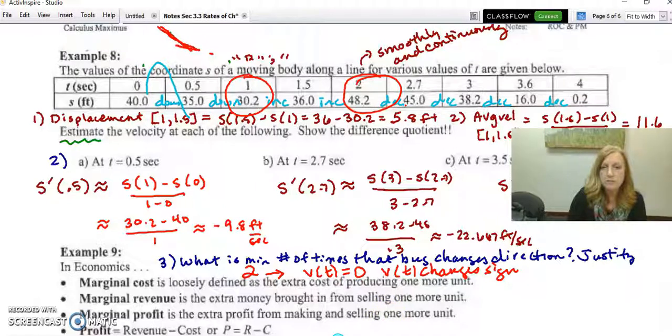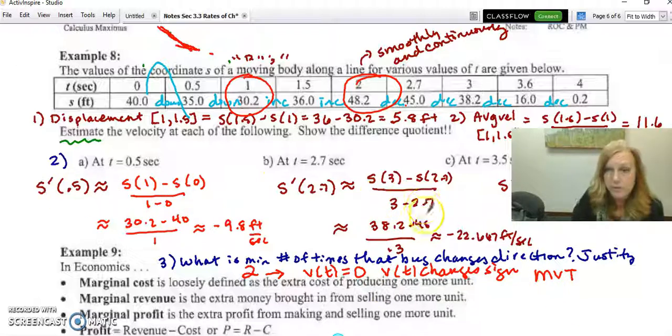So some reasons that we might give in using these existence theorems: the first thing we could do is use the mean value theorem. The mean value theorem applies because my position function is smooth and continuous, so it is continuous and differentiable. And notice that we have calculated several average rates of change here.